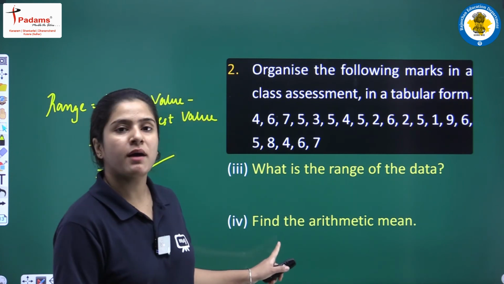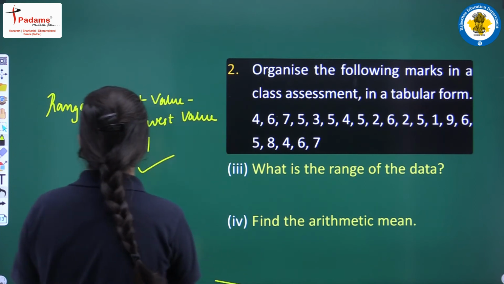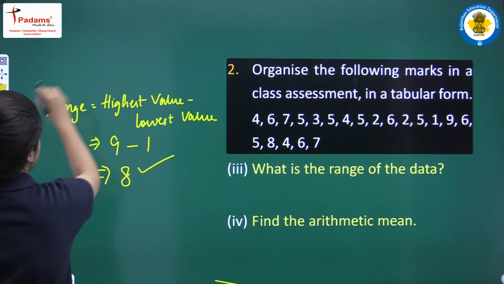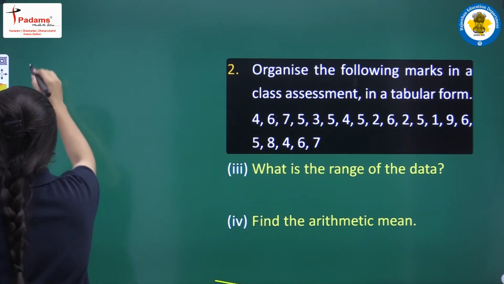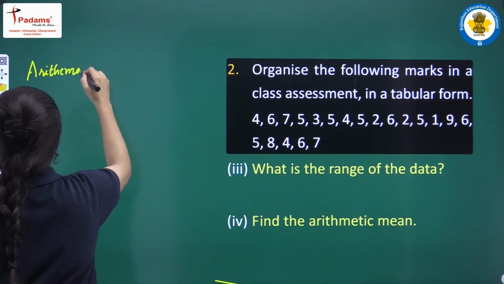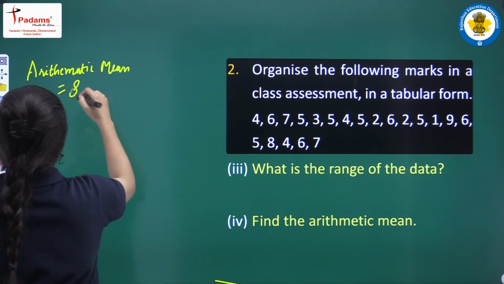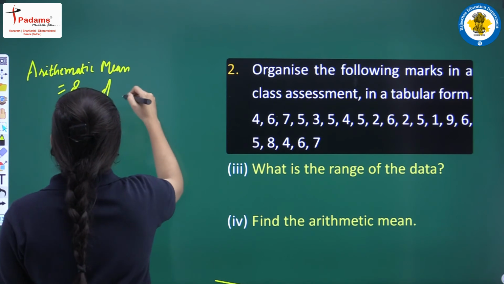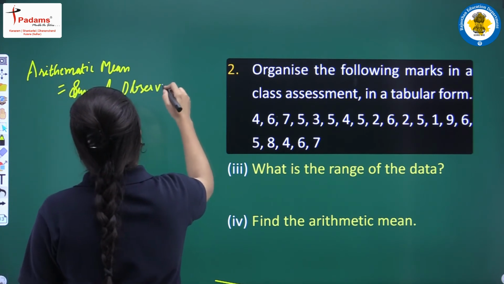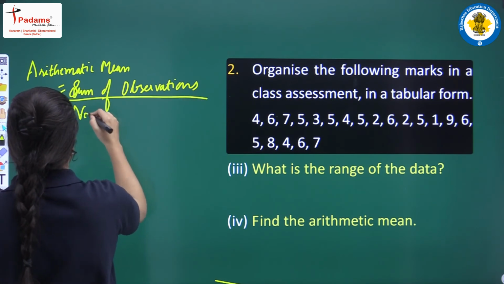Now students, fourth part, find the arithmetic mean of this data. Arithmetic mean is equals to sum of observations upon the number of observations.